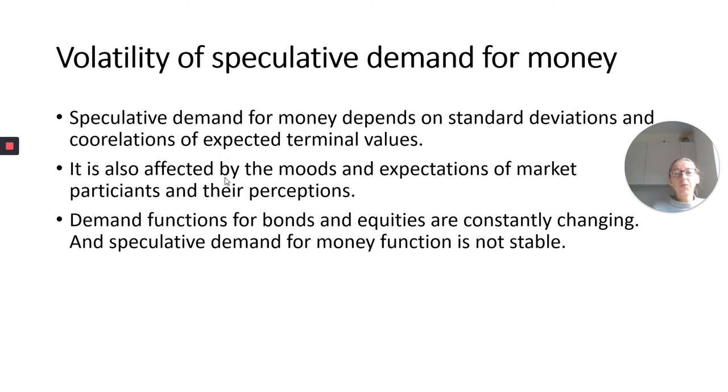Also, it depends on the moods and expectations of the market participants and their perceptions. So there are even more factors than we included in our analysis, which are way more difficult to measure and to estimate. And so that's why it's just so complicated to estimate the speculative demand for money. Also, demand functions for bonds and equities are constantly changing in the economy, and so the speculative demand for money function is not stable. That's why here we will not find the function of speculative demand for money.